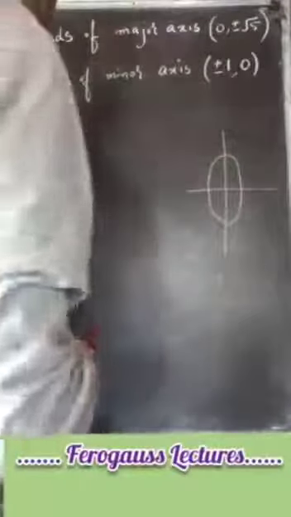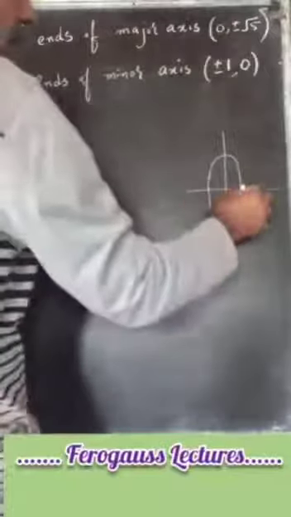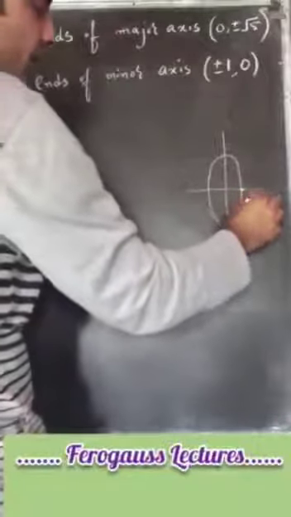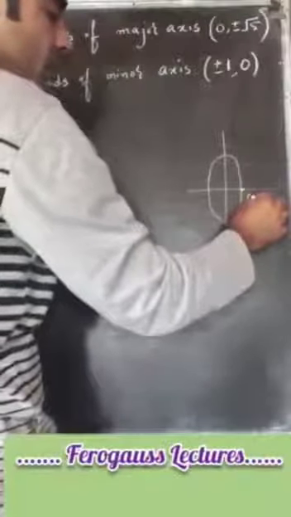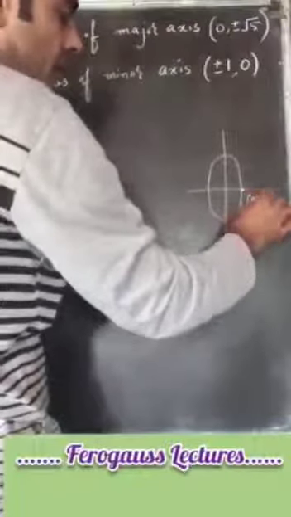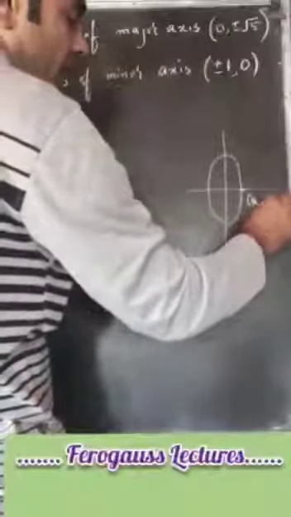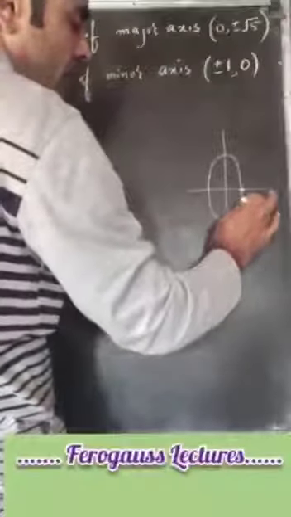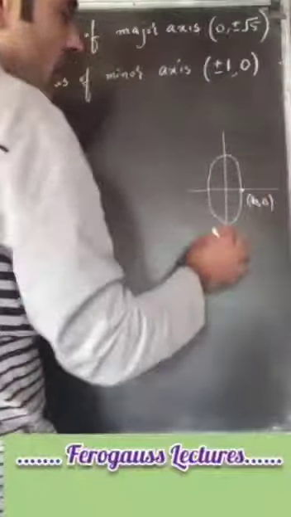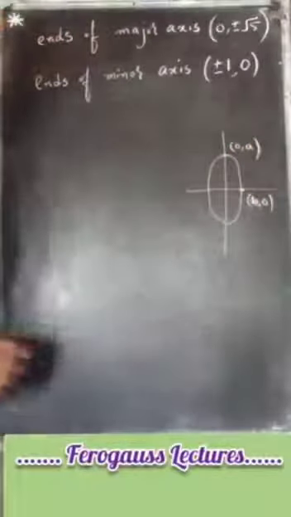Okay. Now we know that the coordinates of endpoints of minor axes are b, 0, and here it is 0, a.